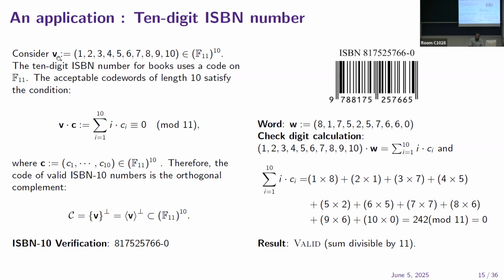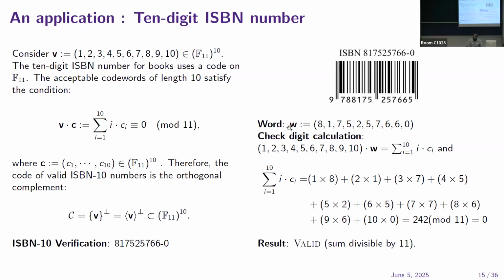This word belongs to the field F_11 to the power 10. 11 is a prime number, and F_11 is the finite field with 11 elements. We compute the inner product. If the inner product modulo 11 is 0, it is an ISBN code.